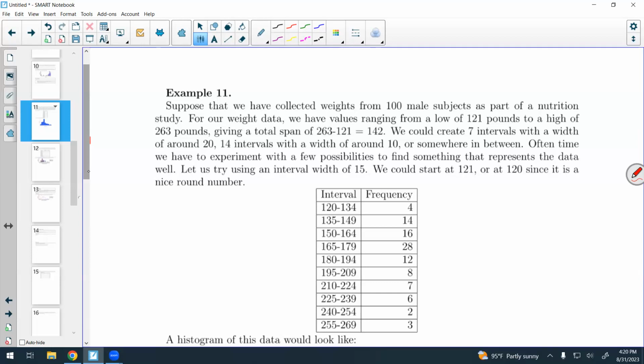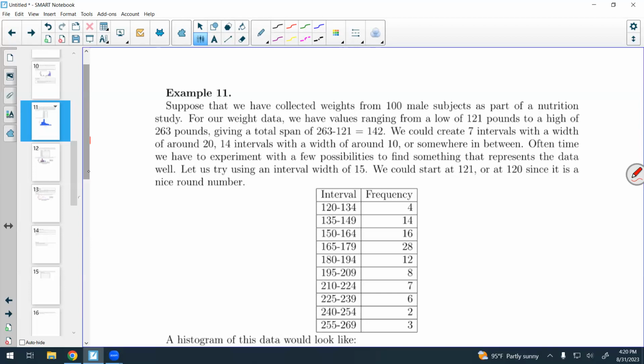Sometimes you have to experiment to find the best possible width. So we'll try using an interval width of 15. We could start at 121 or at 120 since it's a nice round number.